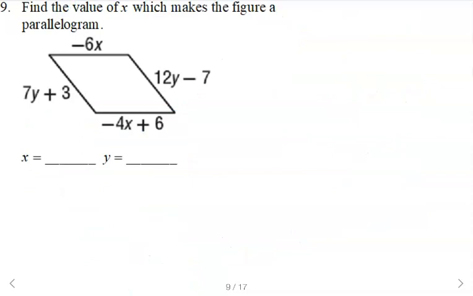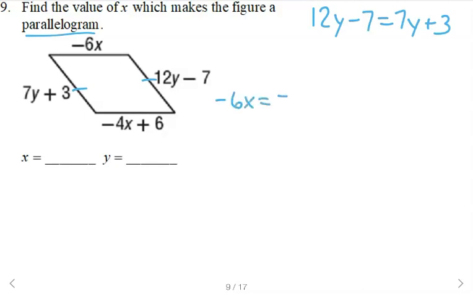Number 9, we have a parallelogram. Opposite sides are congruent. So to find y, we can say 2y minus 7 equals 7y plus 3. To find x, we can say negative 6x equals negative 4x plus 6.